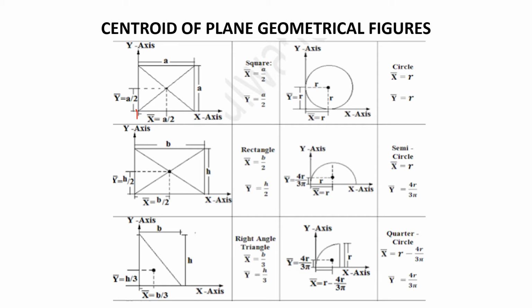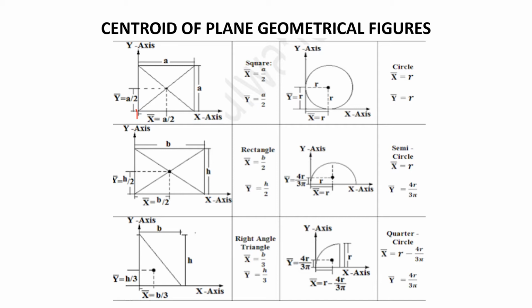And y bar is the same, a by 2 again, because a square has all sides equal and its centroid is also at the same distance.